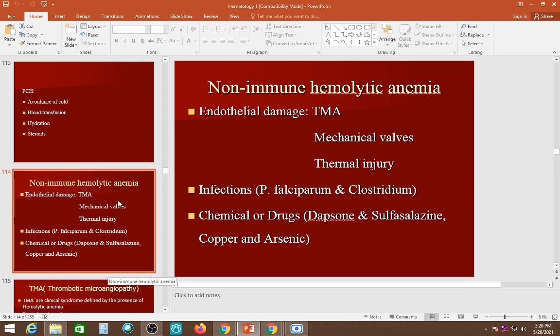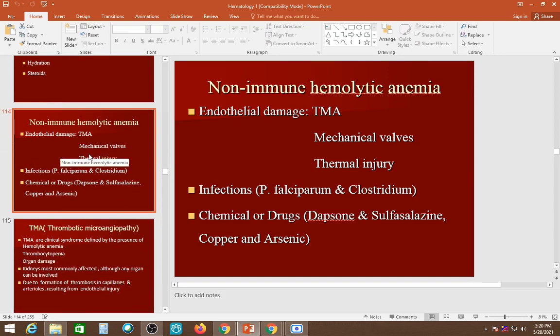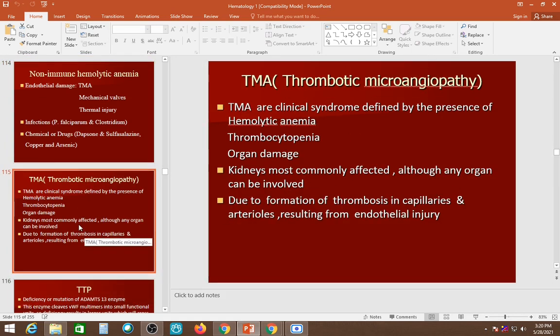So we'll talk a bit about one of them. We'll talk about endothelial damage, that is TMA, thrombotic microangiopathy.